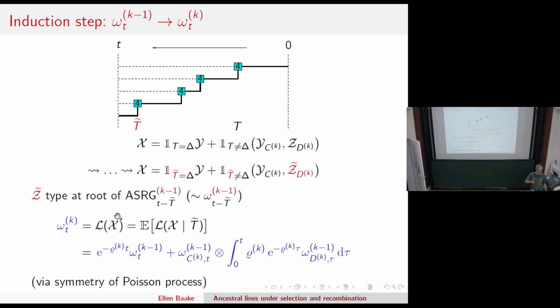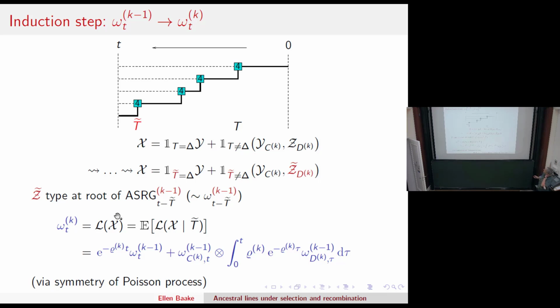And then you have 1, because an ASRGK without a 4 square is actually an ASRGK minus 1 with law omega k minus 1, and that is the law we know from the induction hypothesis, from the previous step.